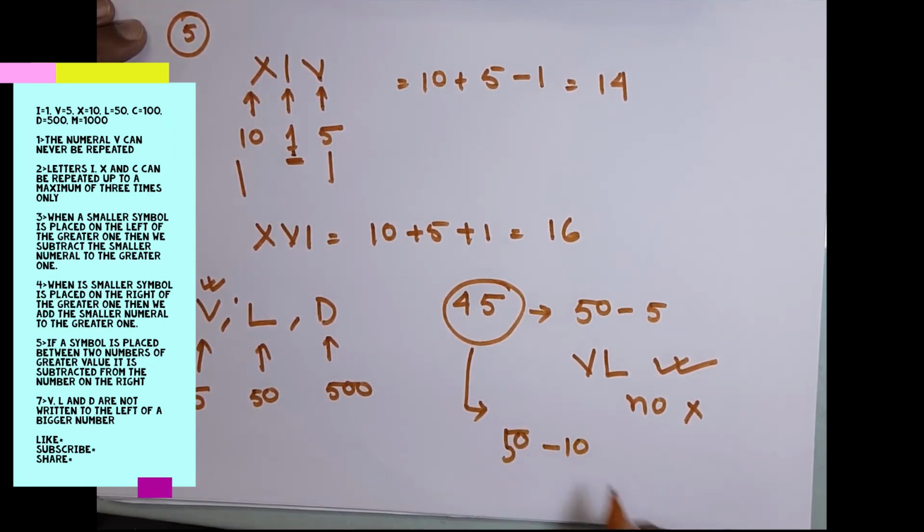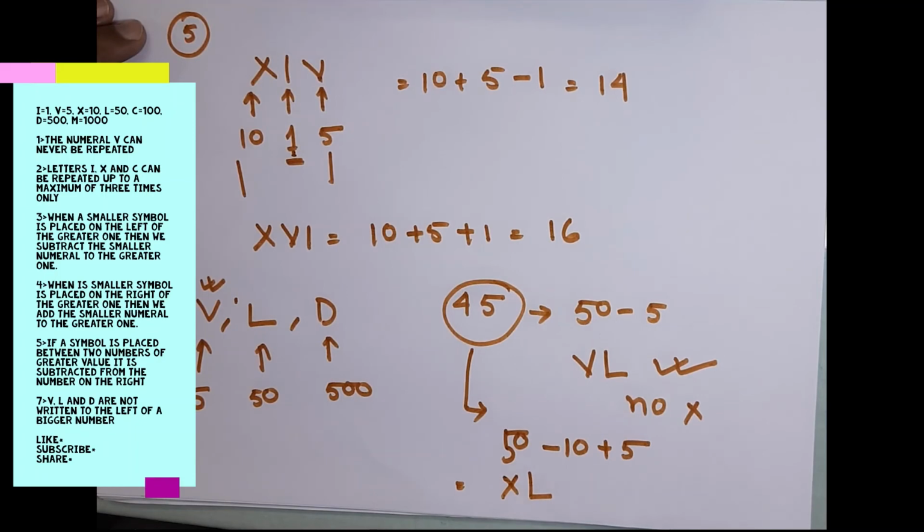50 minus 10 plus 5. So what is 50 minus 10? 50 is your L. And how do we put minus 10 from 50? If we put a symbol representing 10 on the left of L, it is as good as subtraction of 50 minus 10.